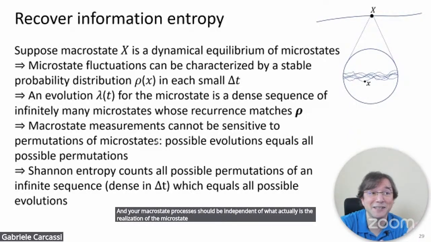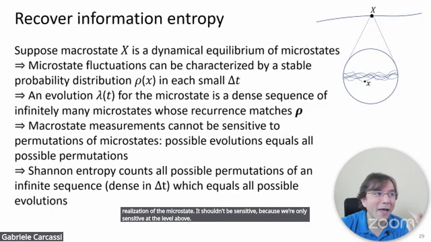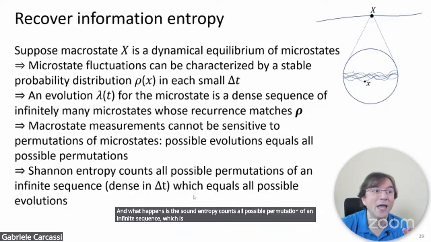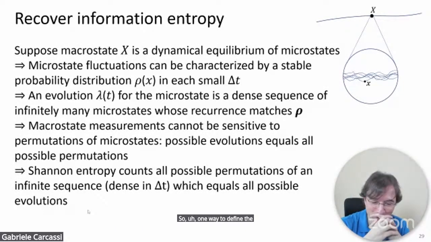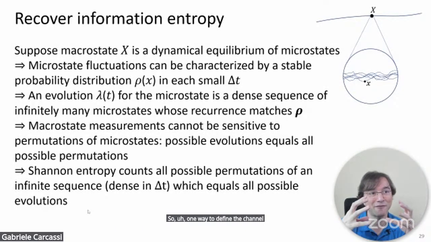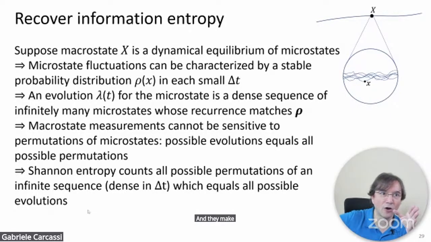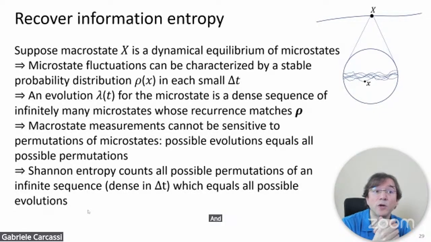It shouldn't be sensitive, because we're only sensitive at the level above. And what happens is the Shannon entropy counts all possible permutations of an infinite sequence, which is delta t, which equals all possible evolutions. So one way to define the Shannon entropy is to have a set of things and make all possible permutations on a sequence that goes to infinity, so you have a density of permutations, and that's exactly what we're doing here.